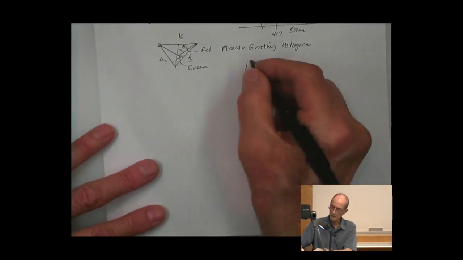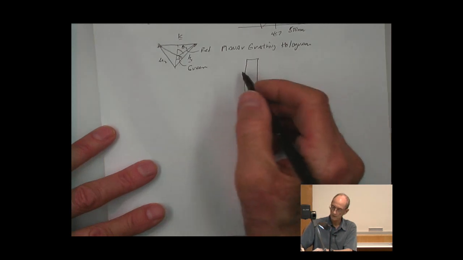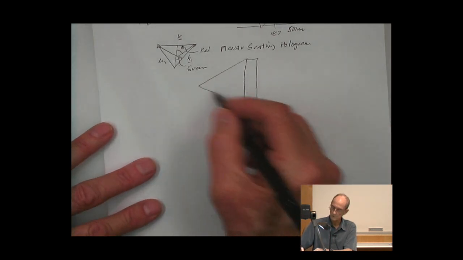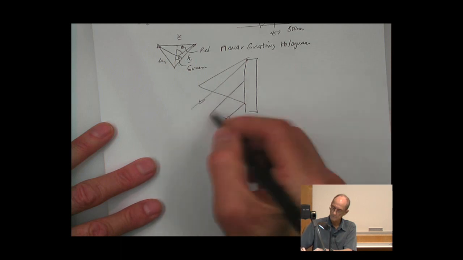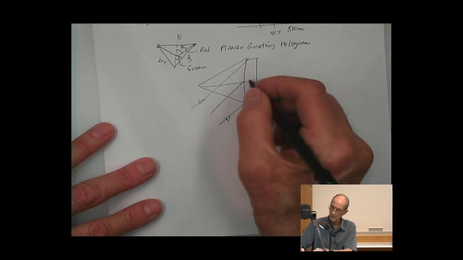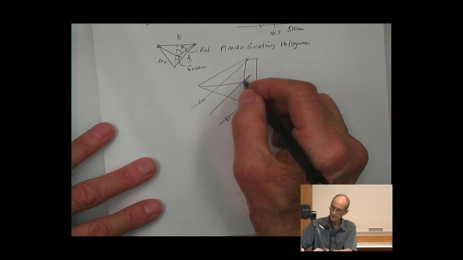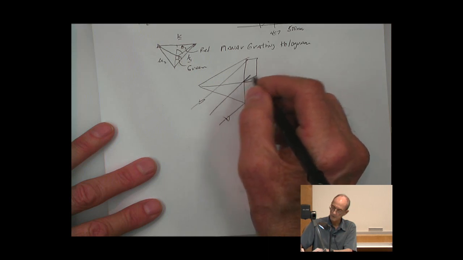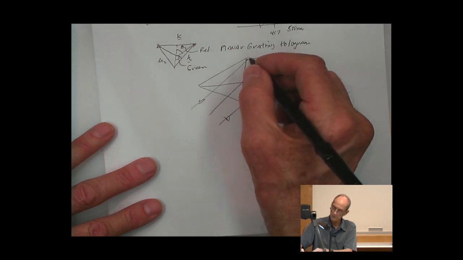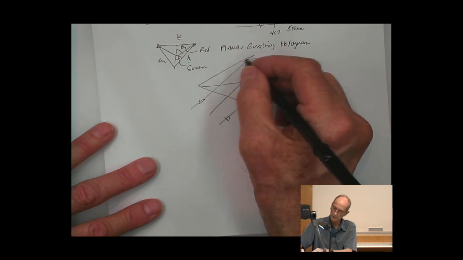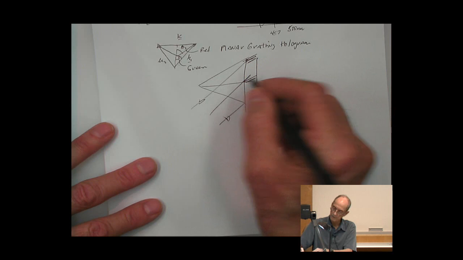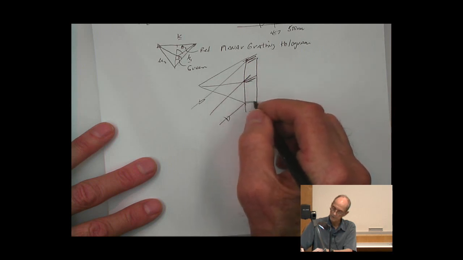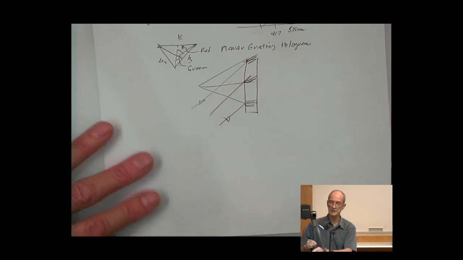However, when you make say a holographic lens, right? Make your holographic lens like this. Now, you can think of this as having a planar grating here, and you have another planar grating here, and they all have different orientations.